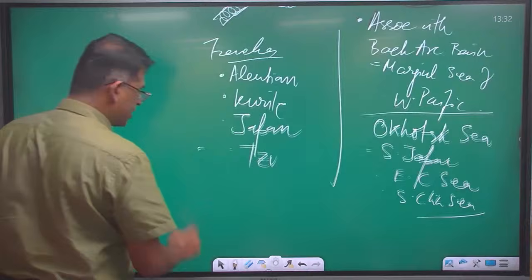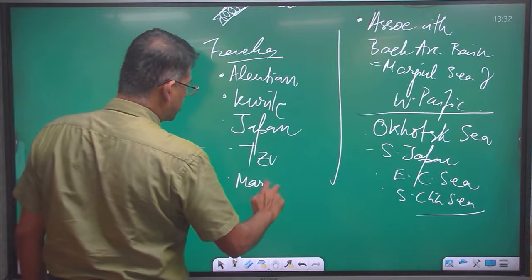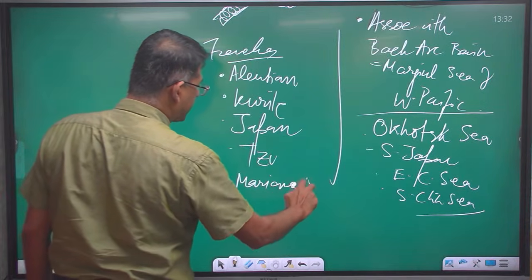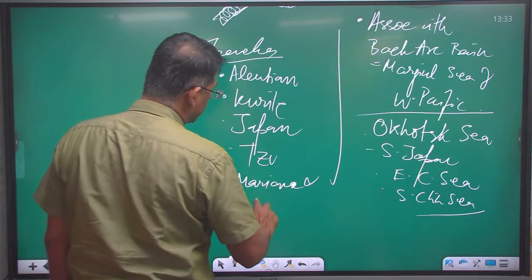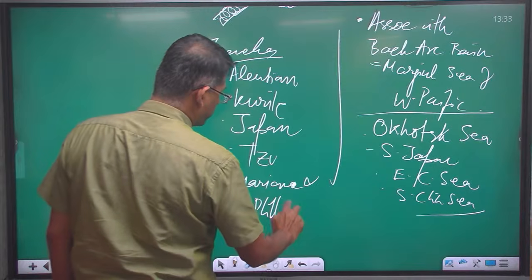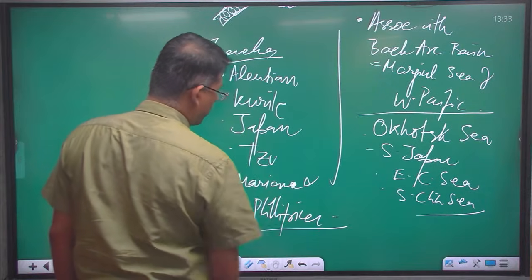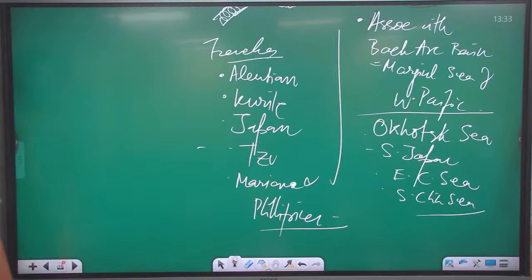This itself extends as the Mariana Trench, and also what's called the Philippines Trench. So: Aleutian Trench, Kurile Trench, Japan Trench, Sioux Trench, Mariana and Philippines Trench.